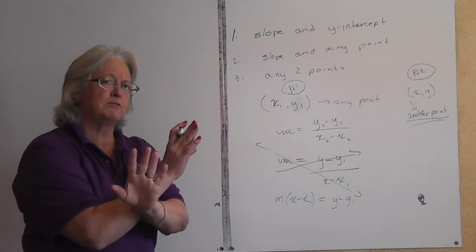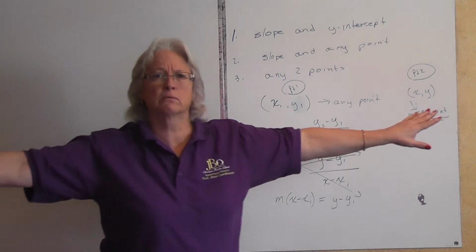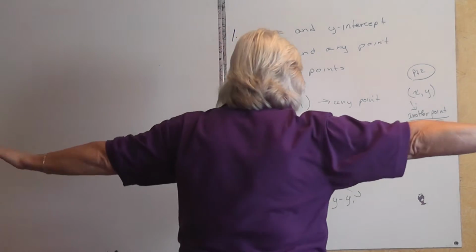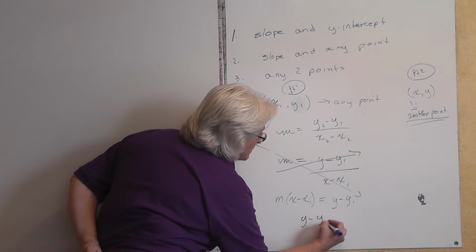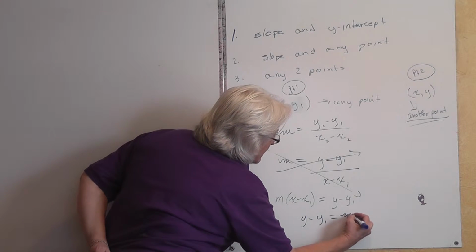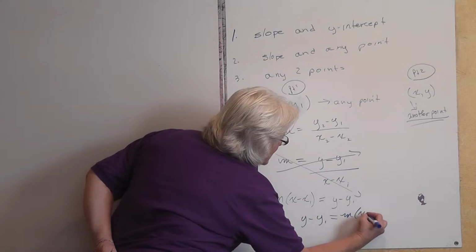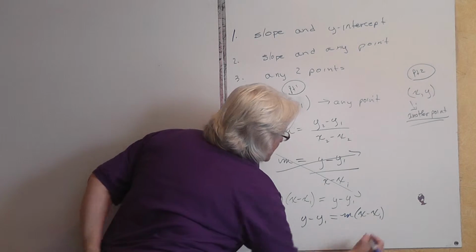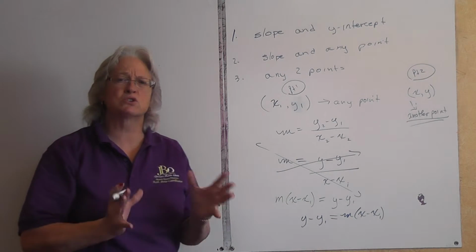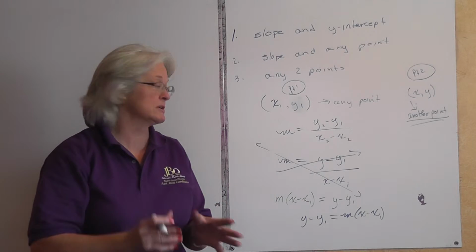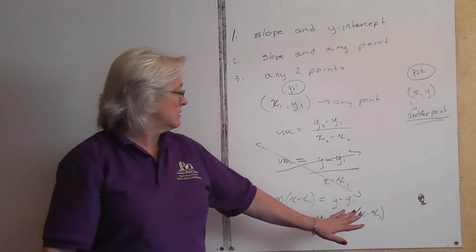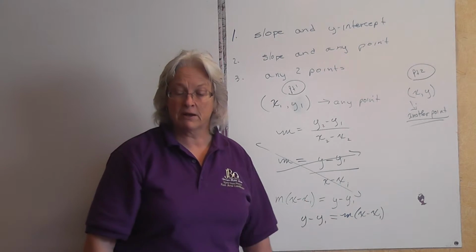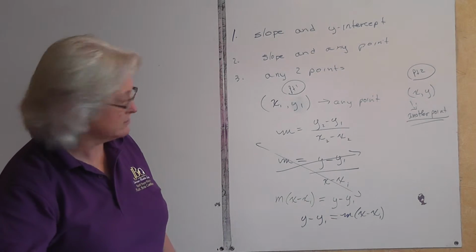Well, what if we just flip this equation around? Both sides are equal. So we can say y minus y sub 1 is equal to m times x minus x sub 1. This is sort of like where we're solving for y, isn't it? We at least have the y's on the left-hand side of the equation. We have the x's on the right-hand side of the equation.